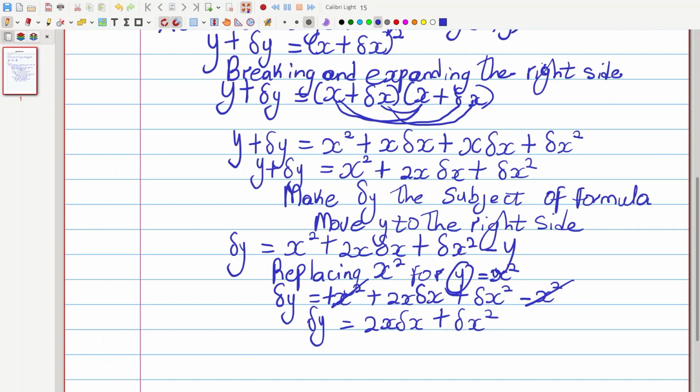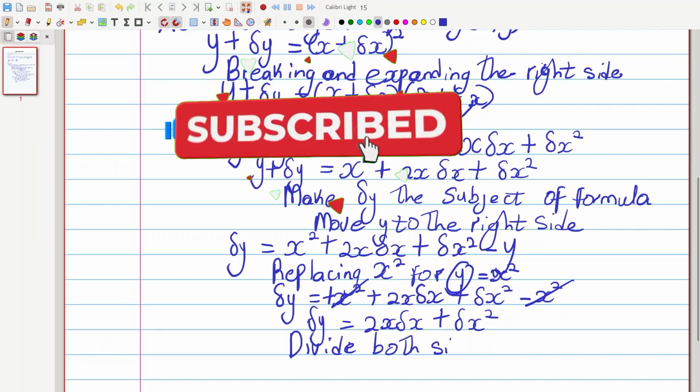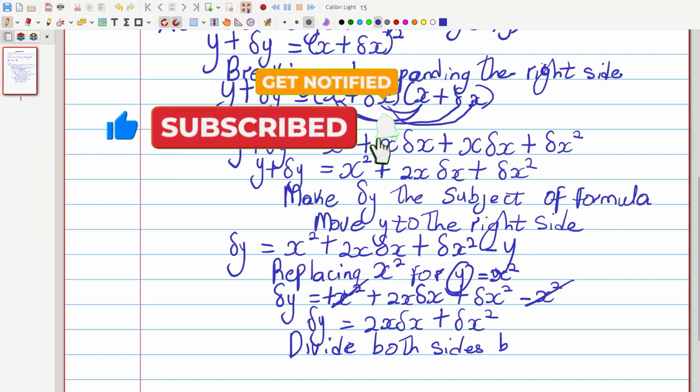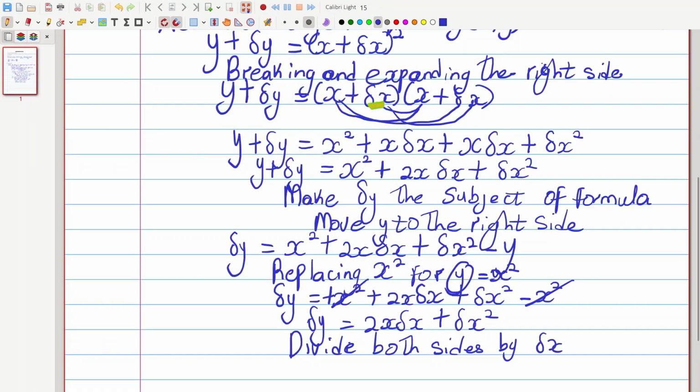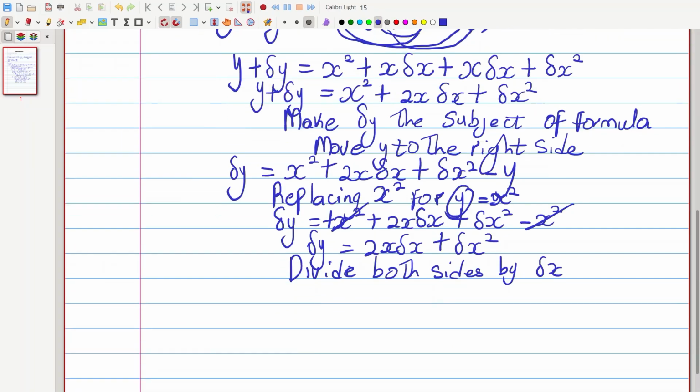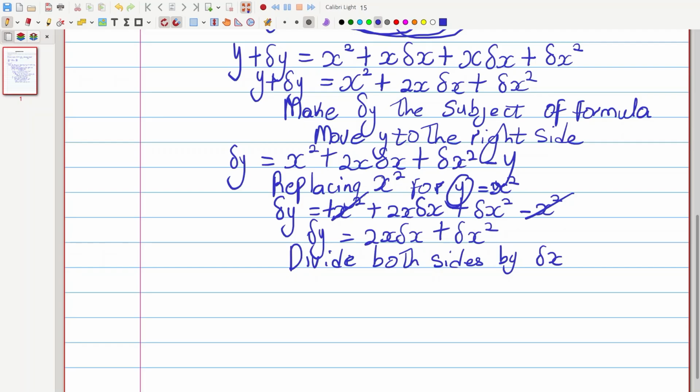The next step is to divide both sides by delta x. So this will be delta y all over delta x equals 2x delta x plus delta x squared, all over delta x.